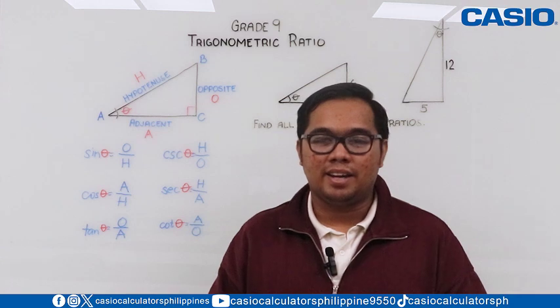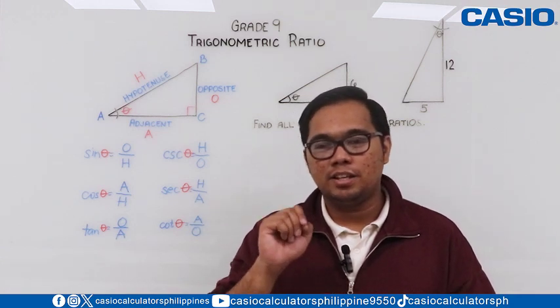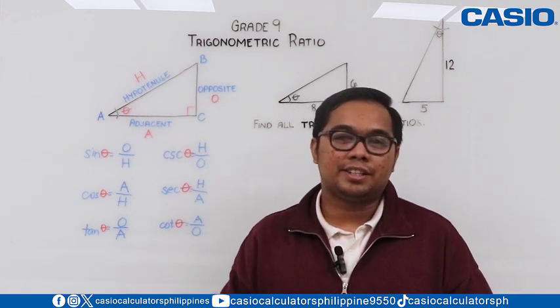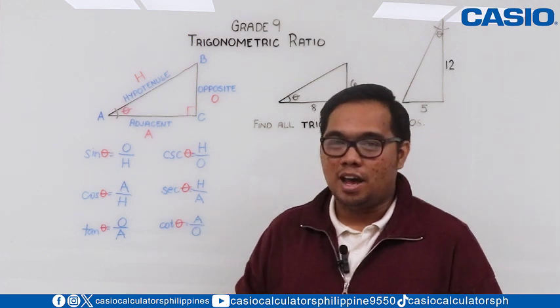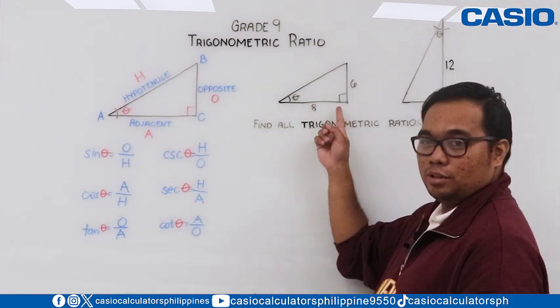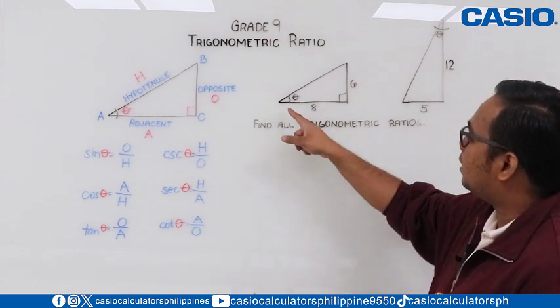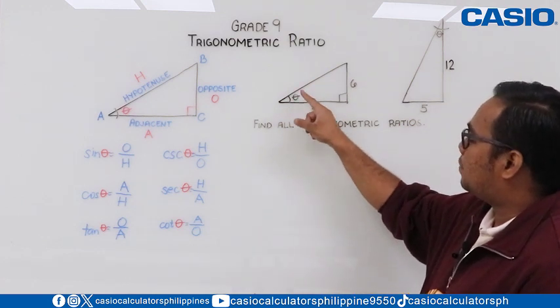Now, let's apply these trigonometric ratios and find each one of them given a certain right triangle. We have here in our first example a triangle. This is the reference angle.